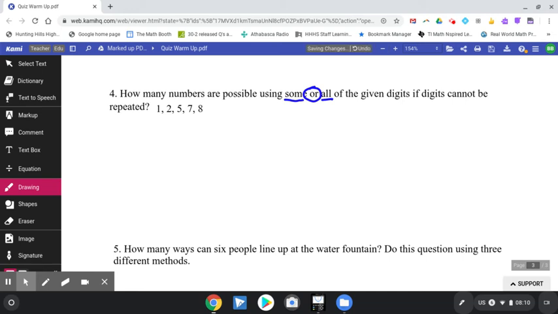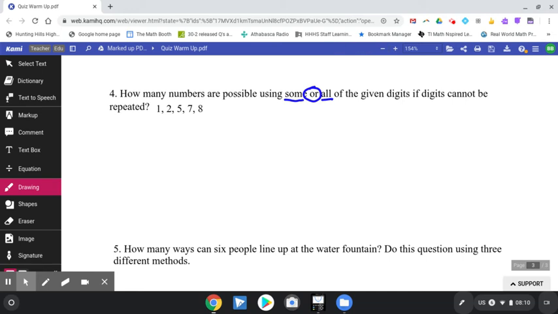Very ambiguous. Like, well, what are they exactly talking about here? So this is where we need to use and include all possible scenarios, because it doesn't come out and say use 4 digits or you use 3 digits. It just says some or all. So we want to do all possible scenarios.